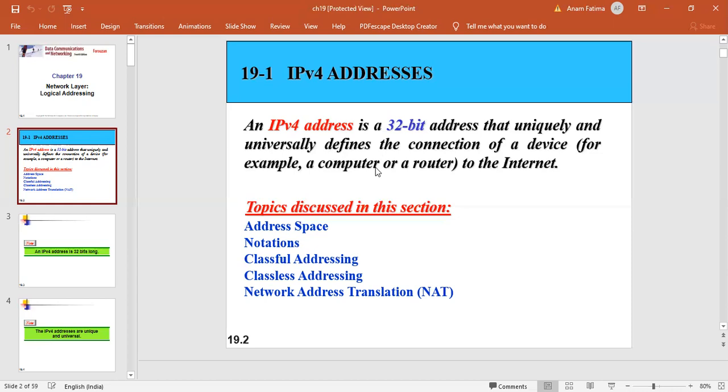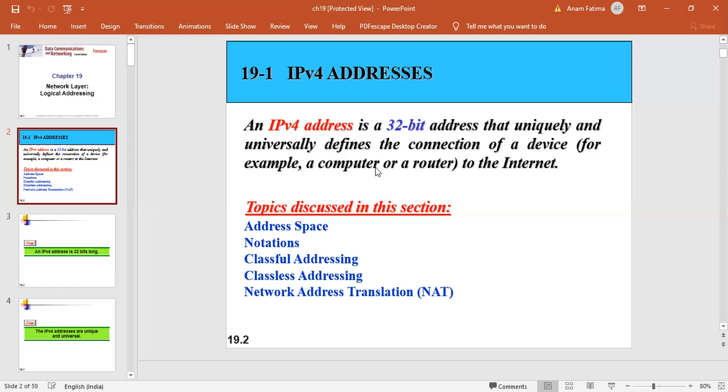This is one way to identify your source and destination addresses across the globe. Unlike the MAC address, which is just a unique number provided by the NIC, the IP address follows a logical addressing way which helps to identify your frame uniquely and universally across the globe, across the internet.